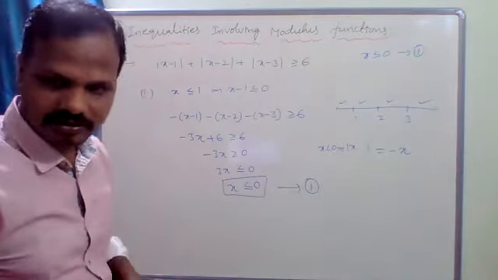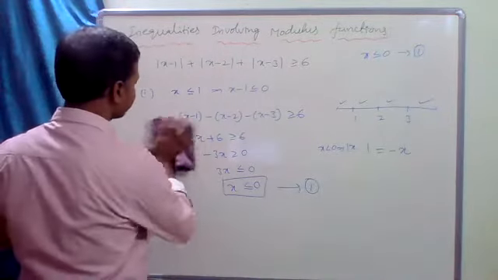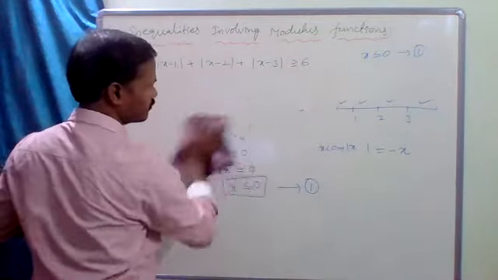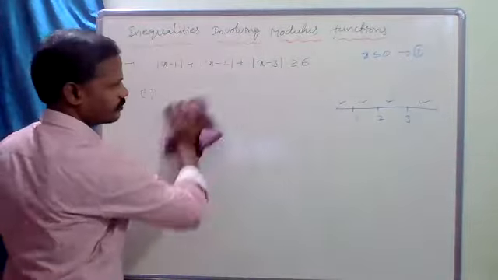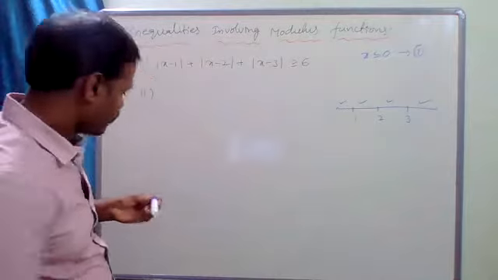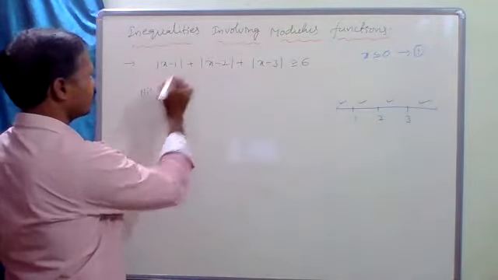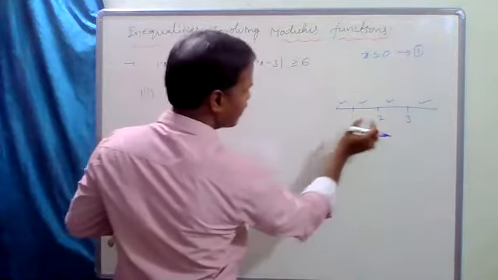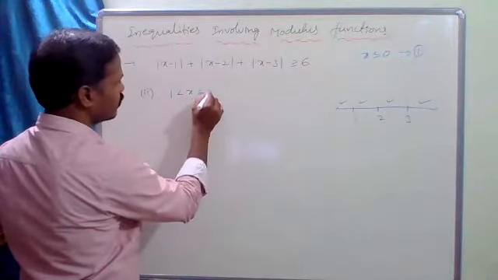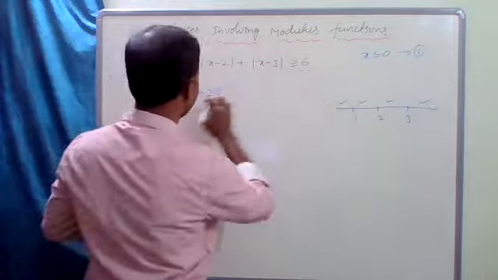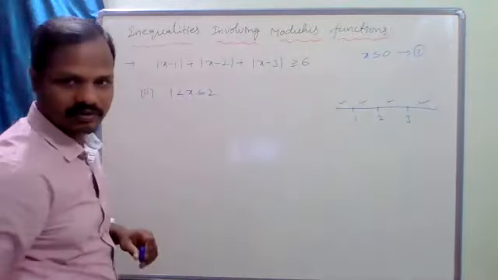Next, second. And now in the second case, we have to check in this interval, that is 1 less than x less than or equal to 2, because the x equal to 1 case is over.